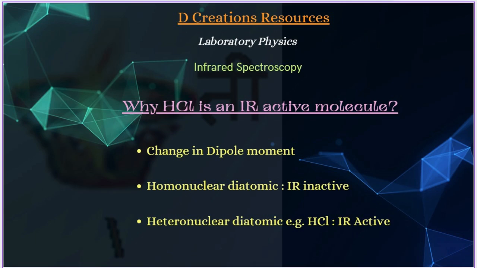So atoms or monoatomic ions will not have an infrared spectrum, and noble gases such as helium and argon are not going to have an infrared spectrum, because they exist as individual atoms.